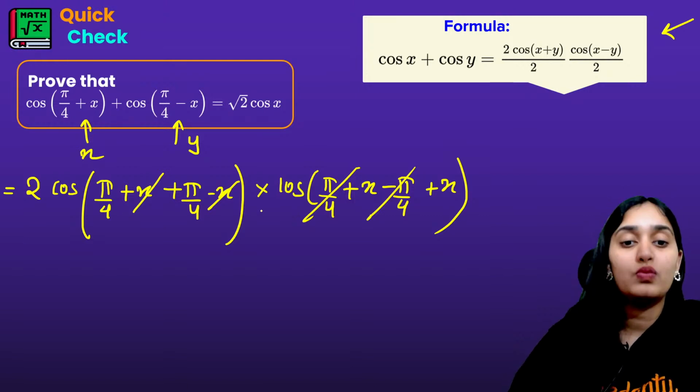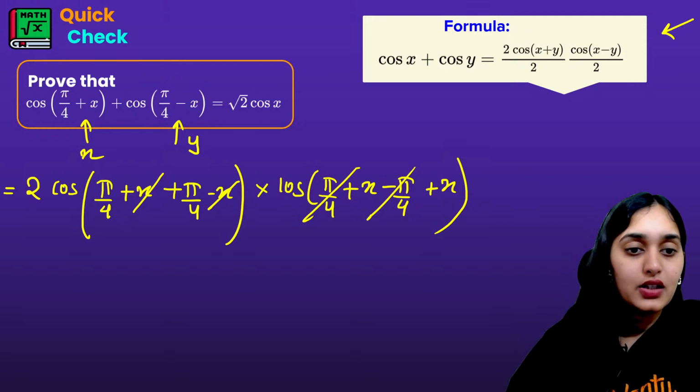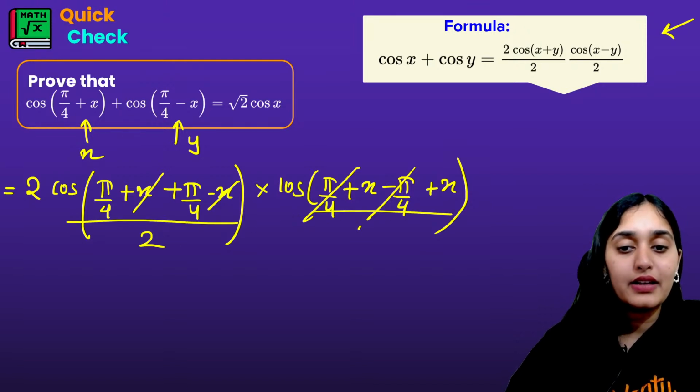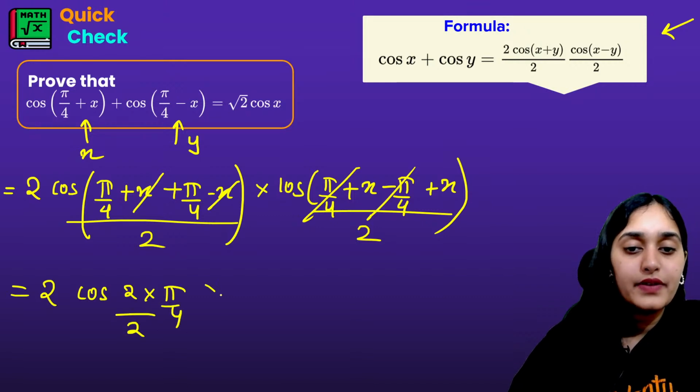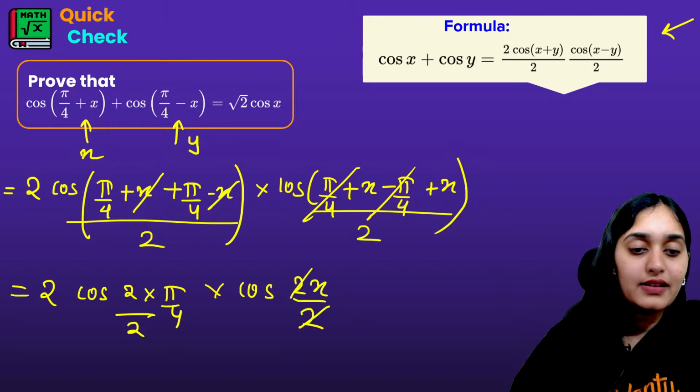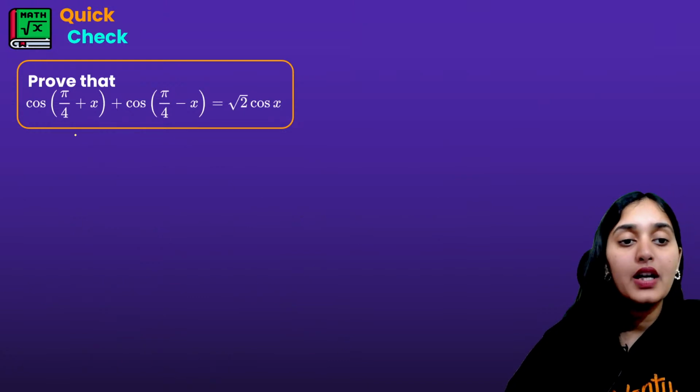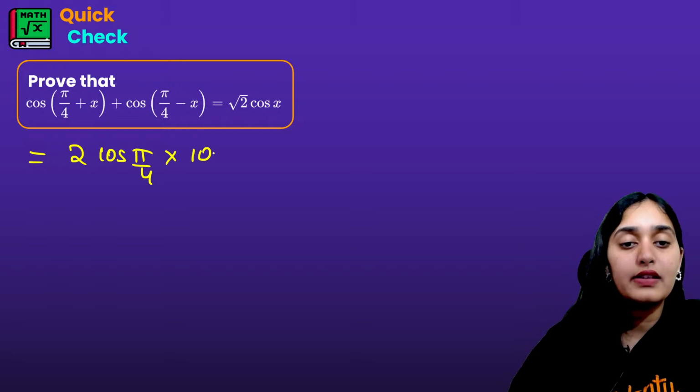Divided by 2 should be there. So this is divided by 2, this is divided by 2. So this becomes 2 times cos(2 into pi by 4 divided by 2) into cos(2x divided by 2). 2 cancel, 2 cancel. So I get 2 times cos pi by 4 into cos x.